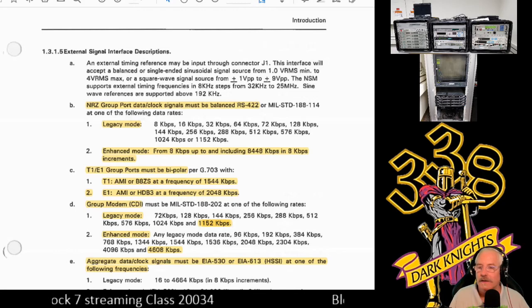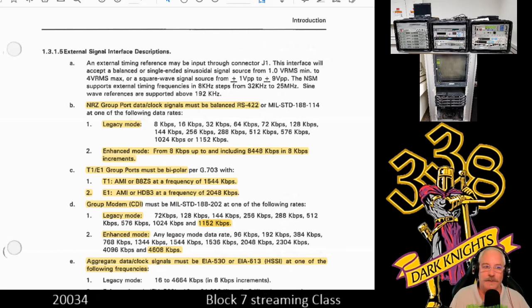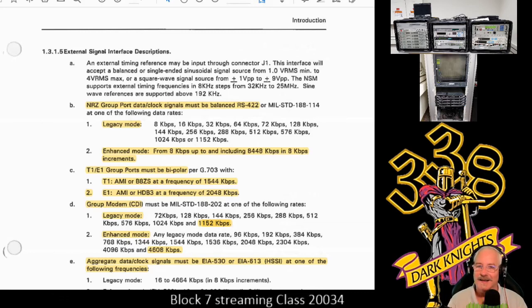In our case, always go to the enhanced because it's newer equipment and it's going to be faster. So on enhanced, which is number 2, you'll see 8448 kilobits per second or 8.448 megabits per second. So that's what you're looking for. If it says max data rate for an NRZ port, look for the highest data rate.